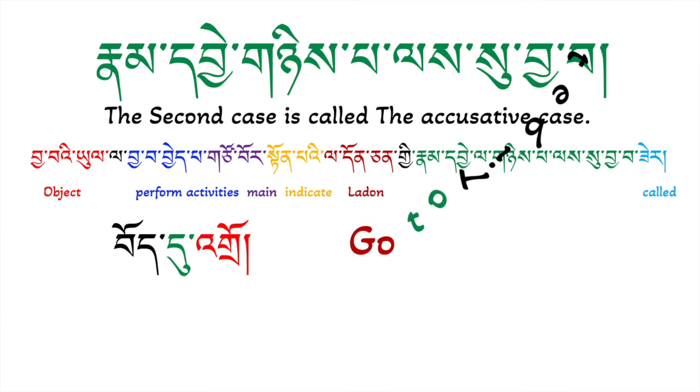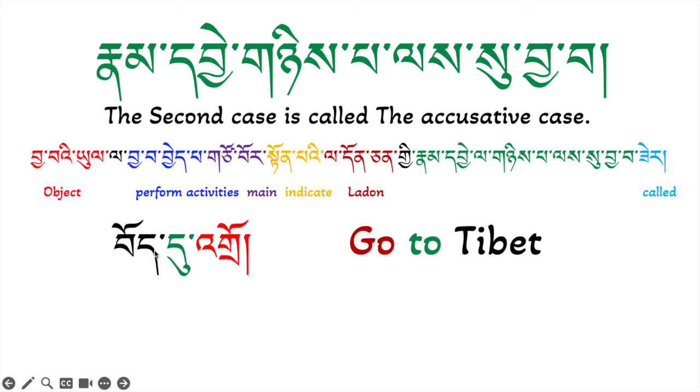So that means go to Tibet. So Be, or Tibet, is the object, and do, or go, is the action toward the object.